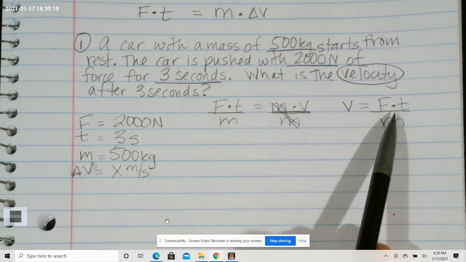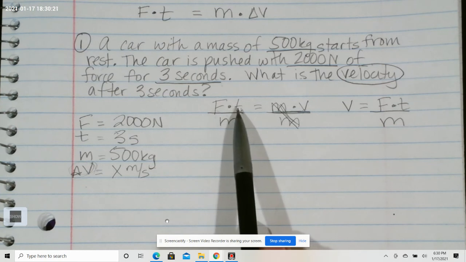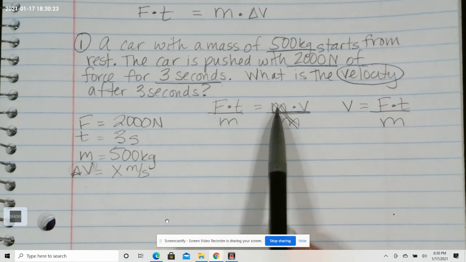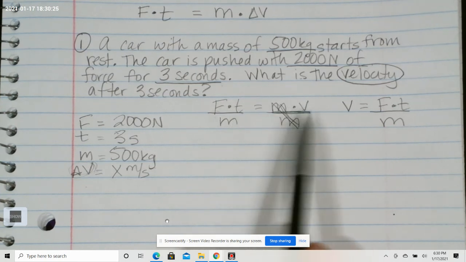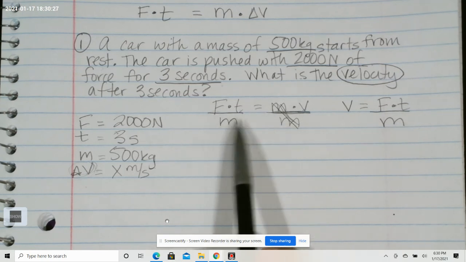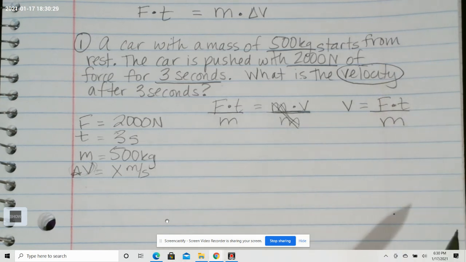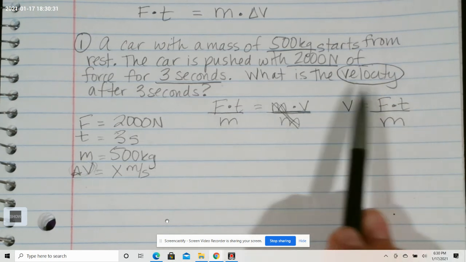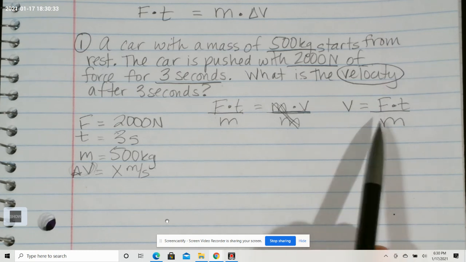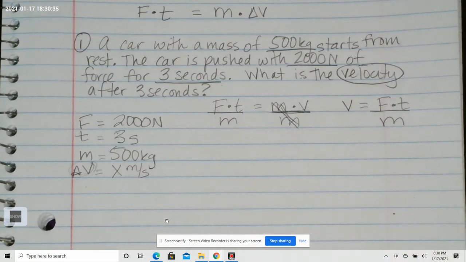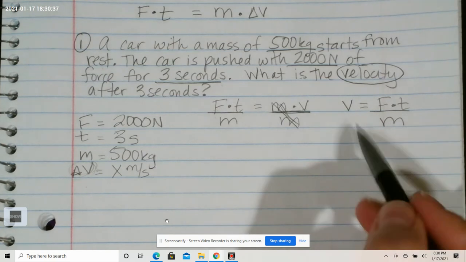You can plug in the force, the time, the mass, and x for velocity, divide out the mass, all of that works too. I just wanted to show you how we got to this equation without putting numbers in it yet.